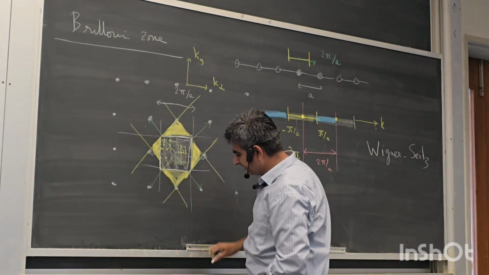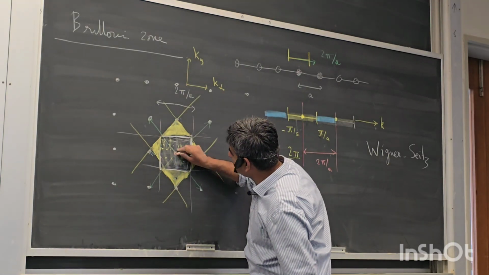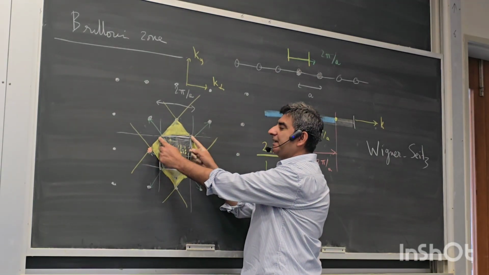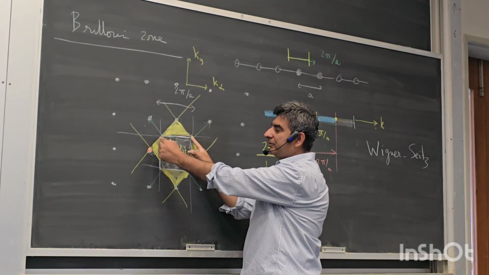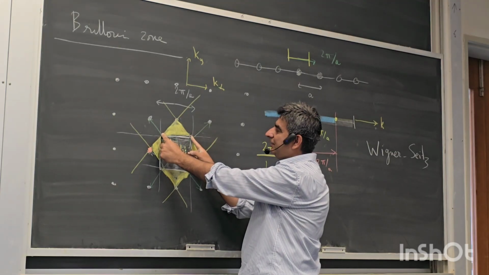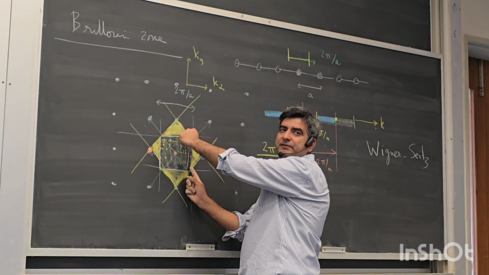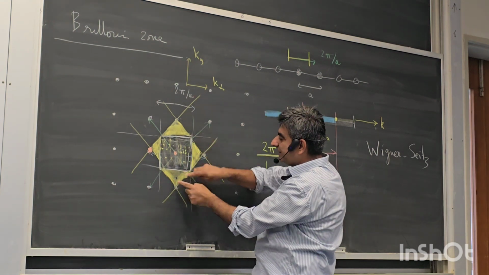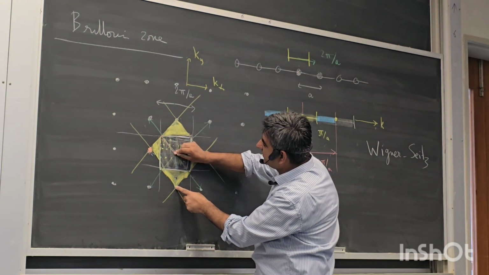This is the distance between this and this. So these are 2 reciprocal lattice points, right? So this distance is the same as this distance because this is a perpendicular bisector. This is the length of the reciprocal lattice vector, and this is the length of the reciprocal lattice vector in the other dimension. So if I take this point and translate it by this length, this object will be transferred here.